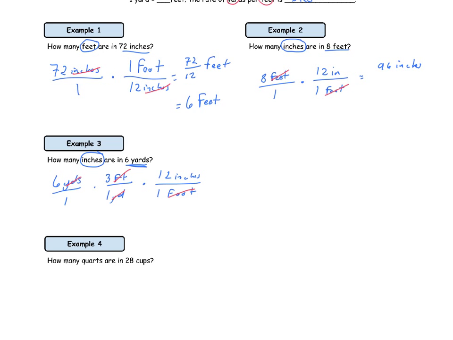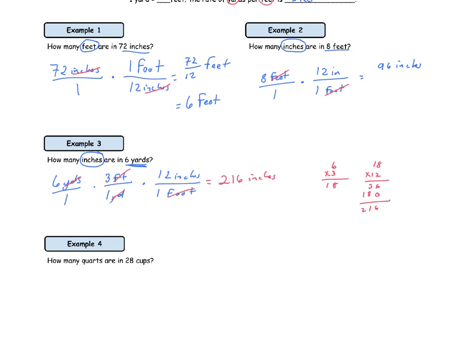So in this case, we have to multiply 6 times 3 times 12. I just showed my work to the right. When I do 6 times 3 times 12, I end up getting 216 inches. That tells me that there are 216 inches in 6 yards. Again, just recognize, since we started with a bigger unit and wanted to move to a smaller unit, all we did was multiply 6 times 3 times 12.